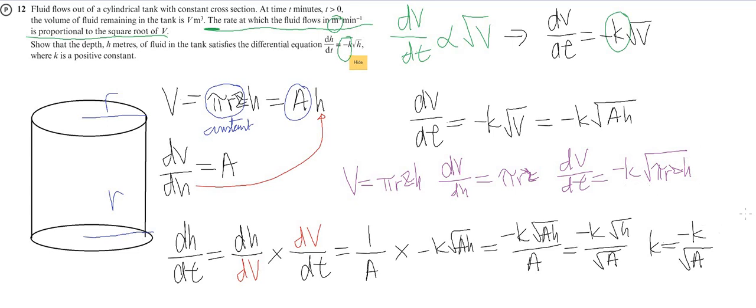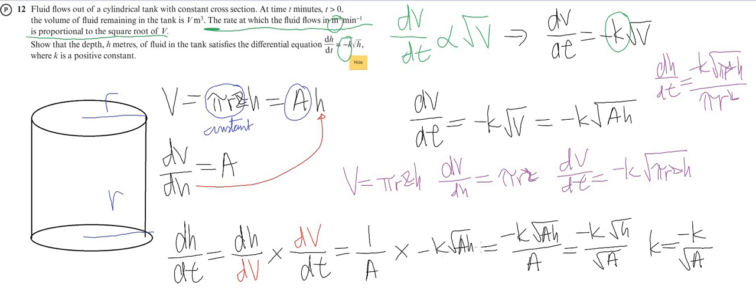So when I do my combined derivative, dH by dt, I have minus k square root of pi r squared H divided by pi r squared.